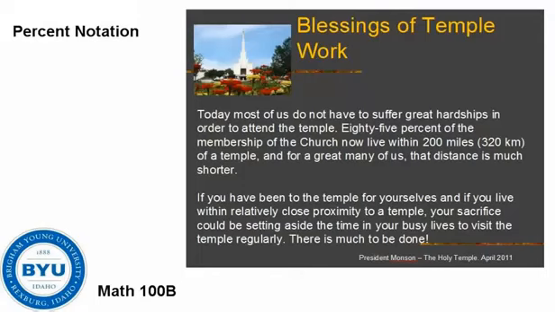Percent notation. Before we start, I'd like to share this quote with you from President Monson in the April 2011 conference about temple work. Let's see if you can identify the percent in this problem, since we're going to be talking about percents. He says, and I quote, "Today, most of us do not have to suffer great hardships in order to attend the temple. 85% of the membership of the church now lives within 200 miles of a temple.